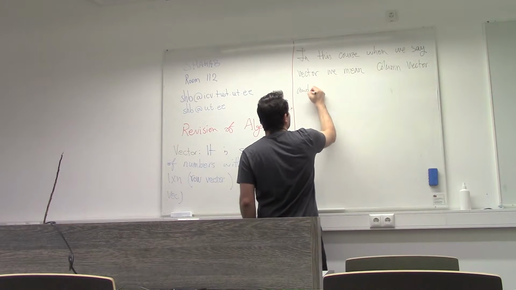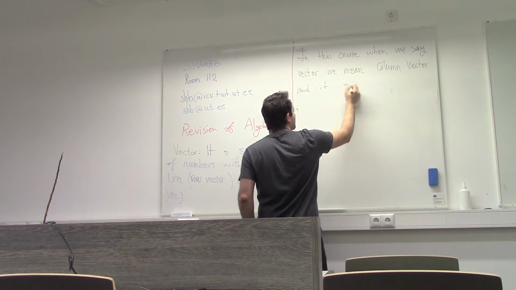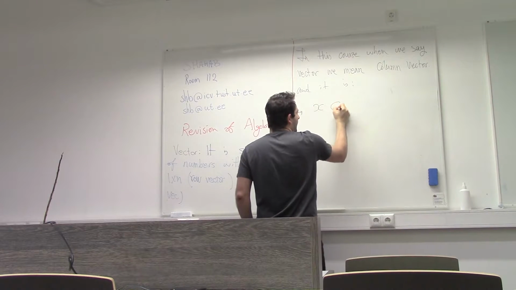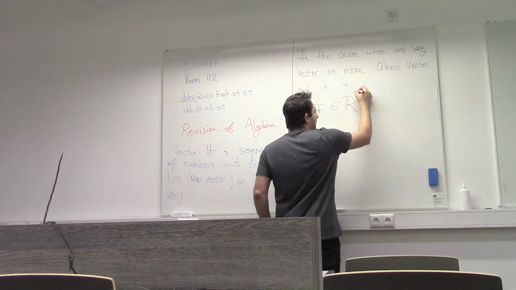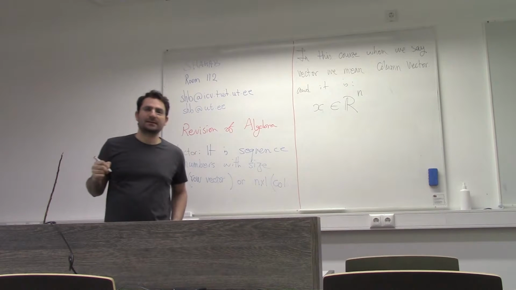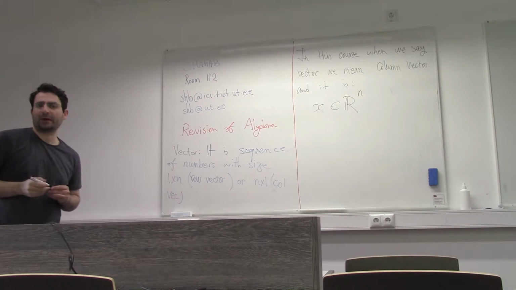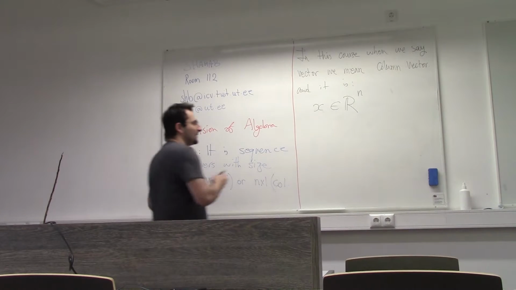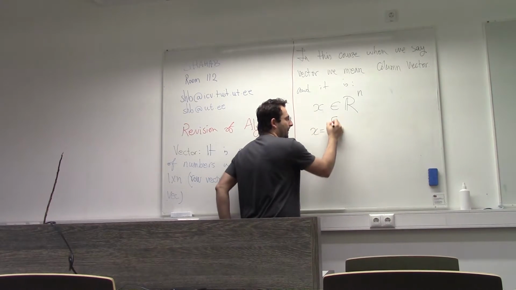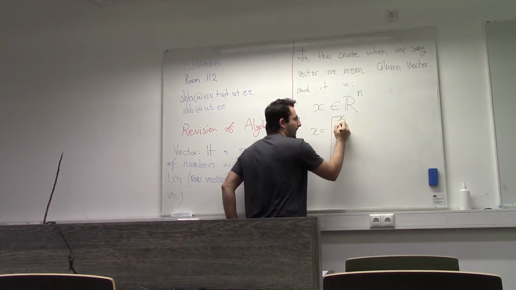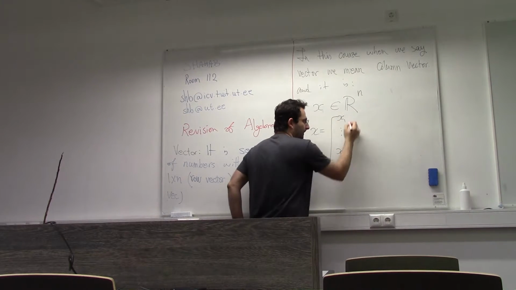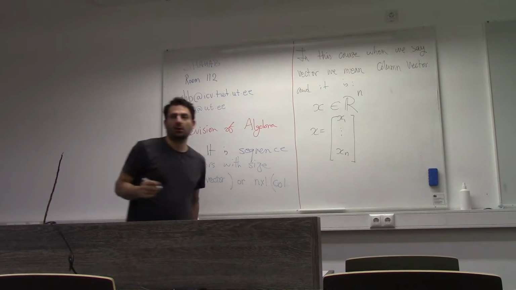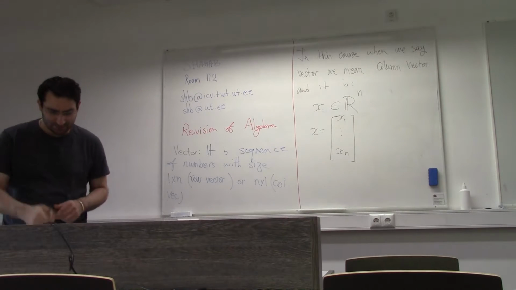And it is x belongs to real numbers R^n, which means that x is a vector which has these elements.